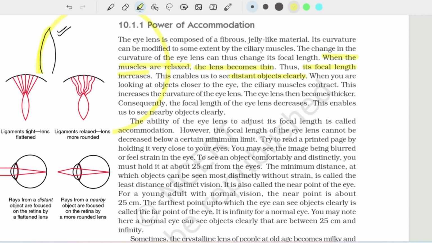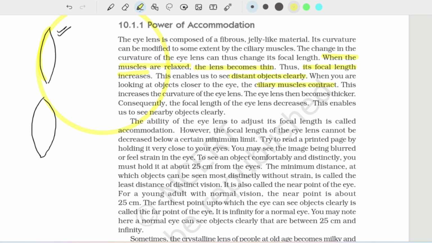But when we are watching our mobiles or when we are reading for longer hours, our eyes feel stressed, right? Why so? Because when you are looking at an object closer to the eye, the ciliary muscles are contracting. They are pulling it outwards. Since they are pulling it, what is happening?